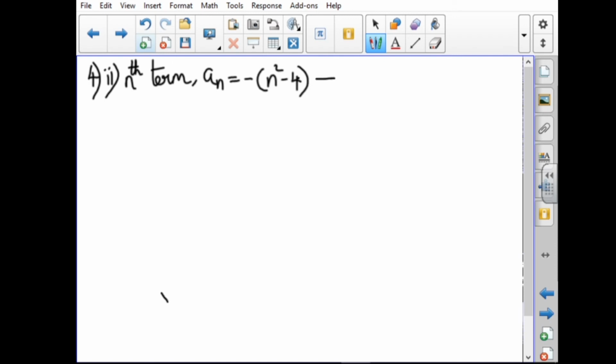We take it as first equation. To find the fourth term, a4, and the 11th term, a11.